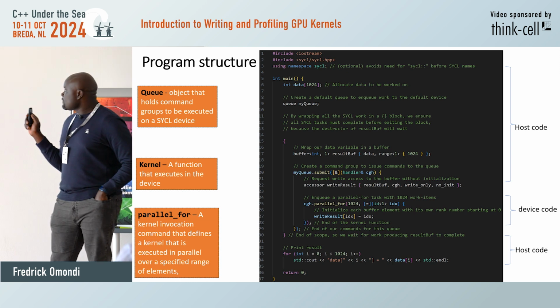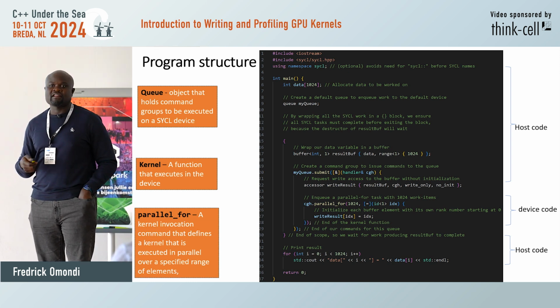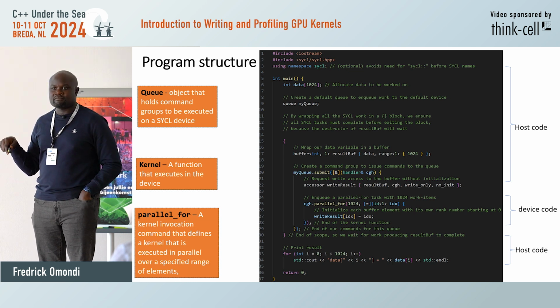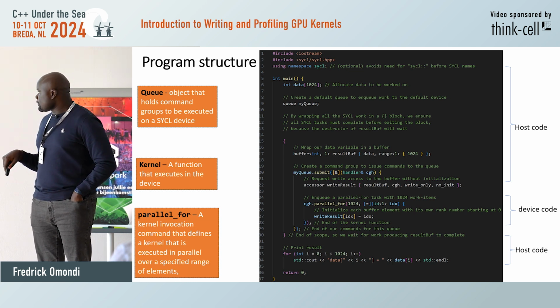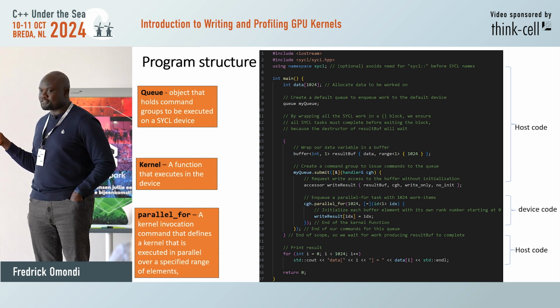And think of a kernel as a function that runs across many elements of your input data. So you simply pass the data, and then the kernel does the computation. And after this is done, this is written back to the host.